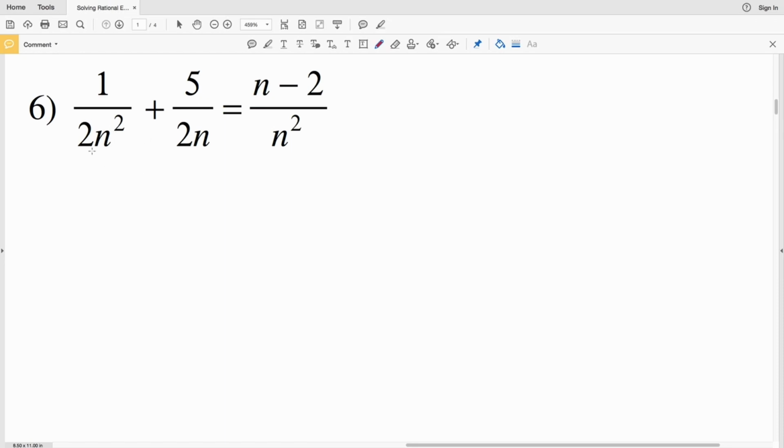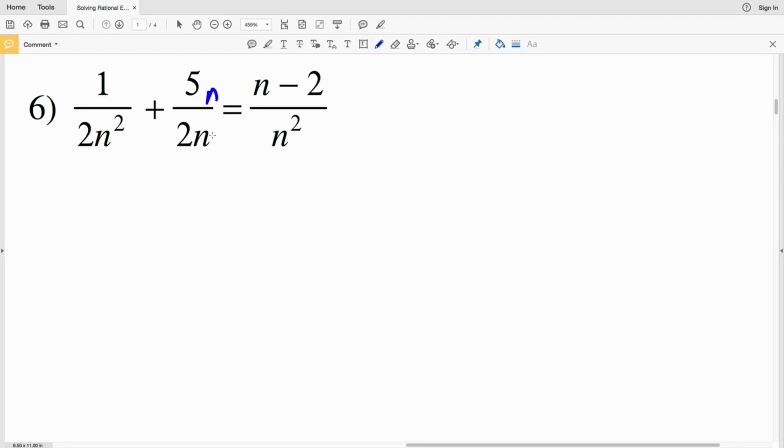So with number 6, we have 1 over 2n squared plus 5 over 2n equals (n minus 2) over n squared. As you can see, there are no common denominators, so I'm going to create one. Remember that you can multiply any quantity by 1 and it will still have the same value. So I'm going to multiply the 5 over 2n by n over n, which is equal to 1.